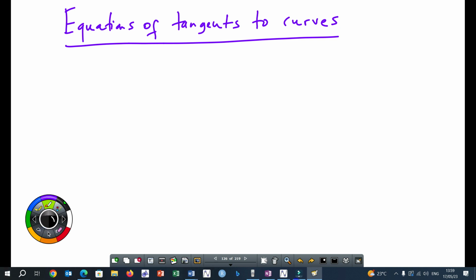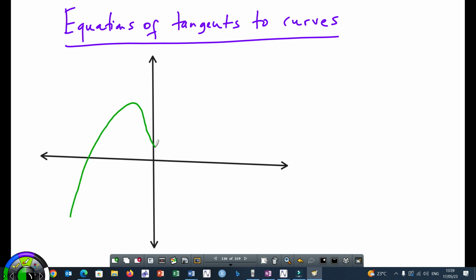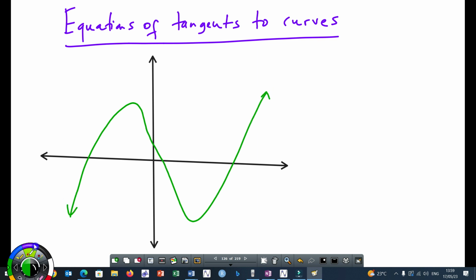Okay, my line has disappeared. So let's redo. Okay, so we are back now. One like this. So let's say you have a cubic function like that. Then we choose a point where we can draw a tangent, probably here.